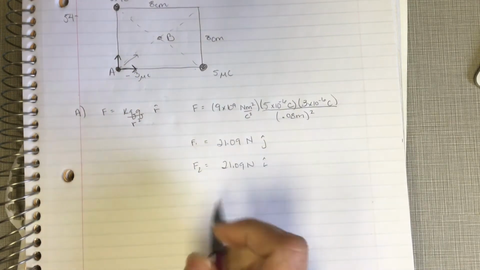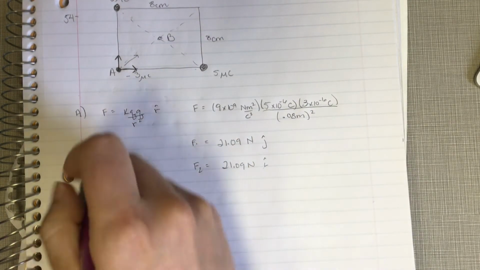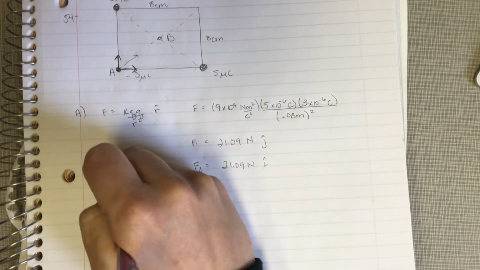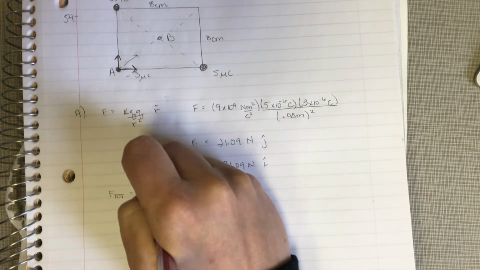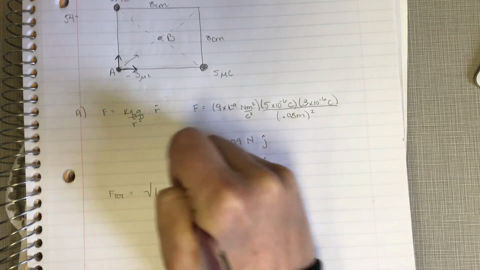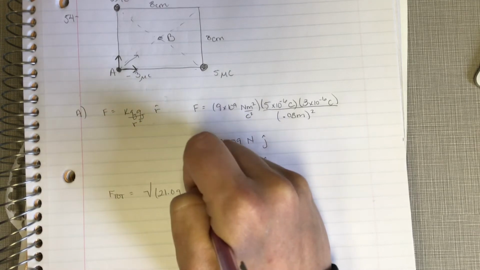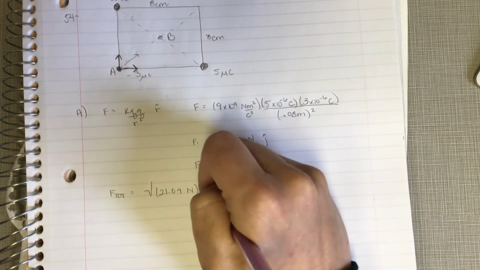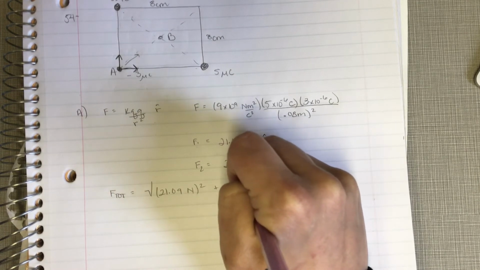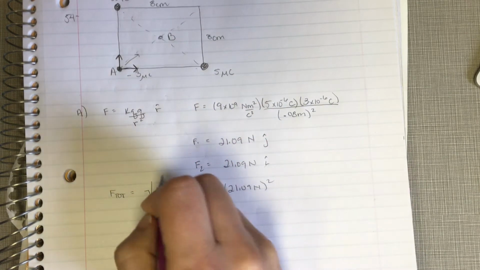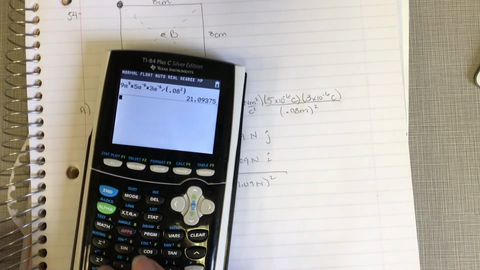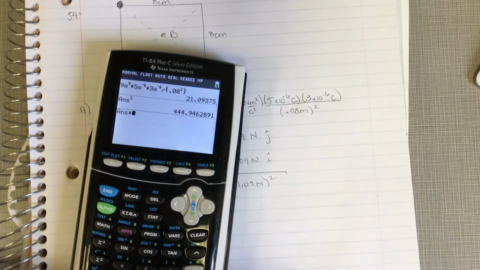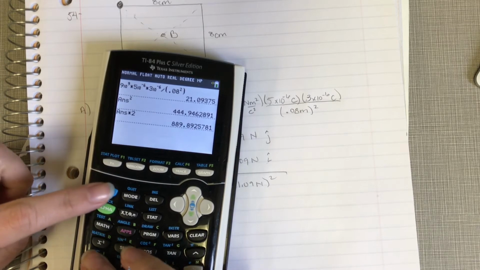Okay, so our total force, we have an i and we have a j. So we got the Pythagorean theorem. So that's my i hat squared plus my j hat squared, and then there's 2 of them, and then square root that.